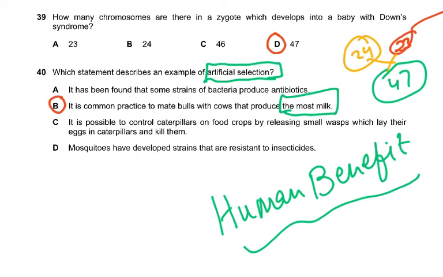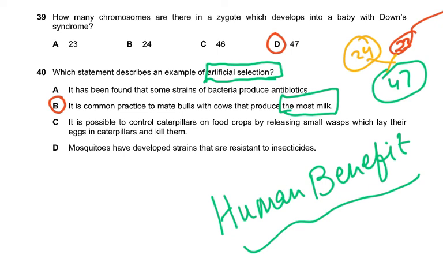Option C, it is possible to control caterpillars on food crops by releasing small wasps which lay their eggs in caterpillars and kill them. That's a form of biological pest control. Mosquitoes have developed strains that are resistant to insecticides. It's natural selection. And it has been found that some strains of bacteria produce antibiotics. Well, that's not natural selection.